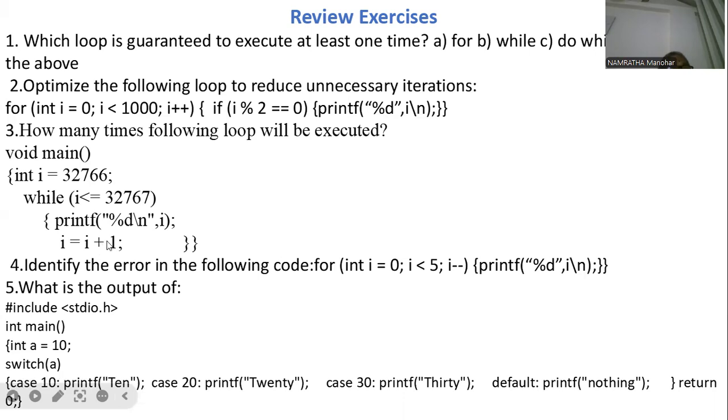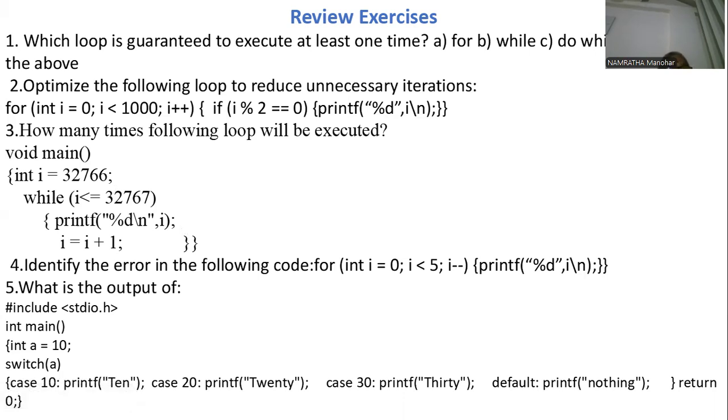Then i is incremented to 32767, and 32767 is equal to 32767, so it will print this number. But when it increments, this 7 becomes 8, and the condition becomes false. So it comes out. Effectively, this code is executed only 2 times.